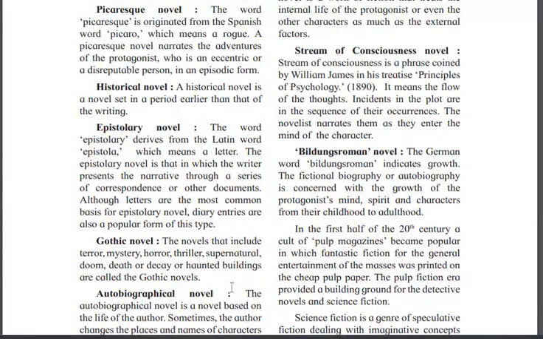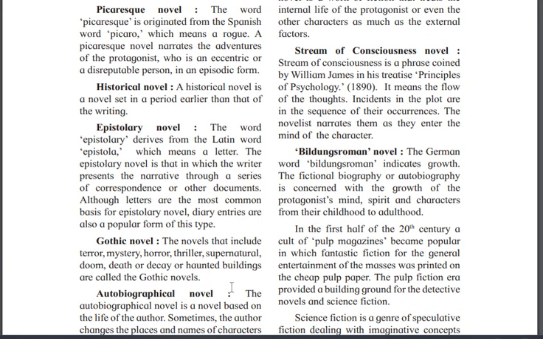Then the stream of consciousness novel. Stream of consciousness is a phrase coined by William James in his treatise Principles of Psychology. It means the flow of thoughts and incidents in a plot in the sequence of their occurrence.